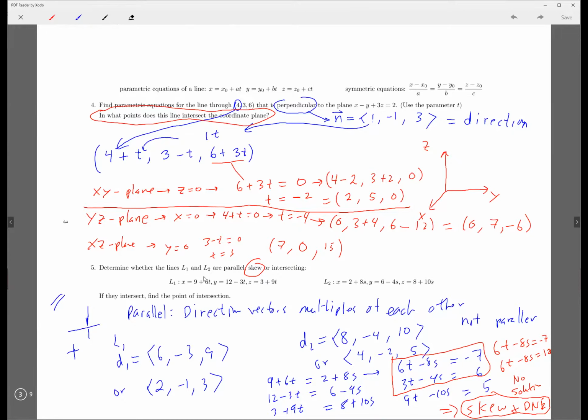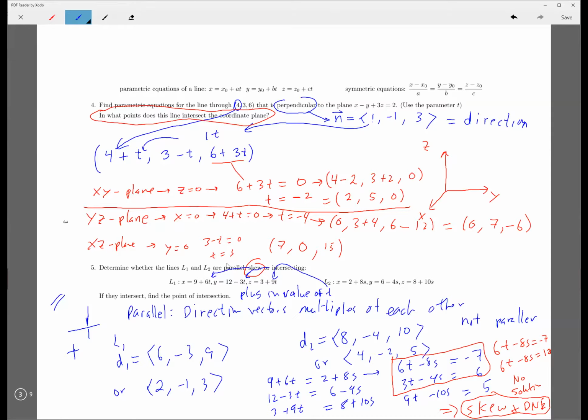You'd have to plug it into here, and here, and here. This would be your value of x, your value of y, and z. So your answer should have 3 values: x, y, and z.